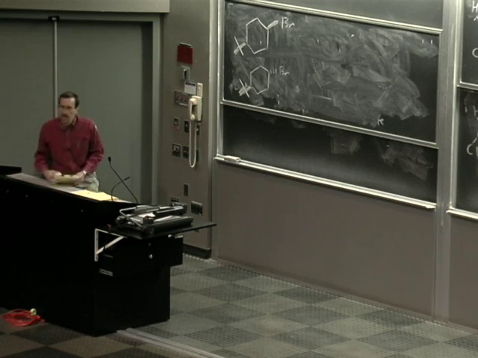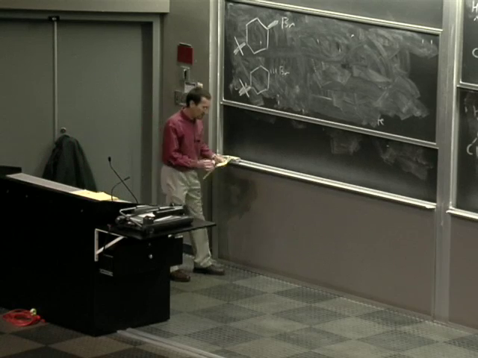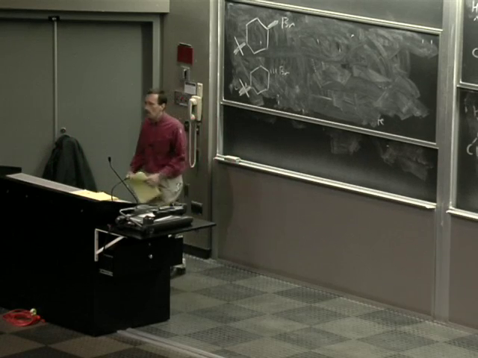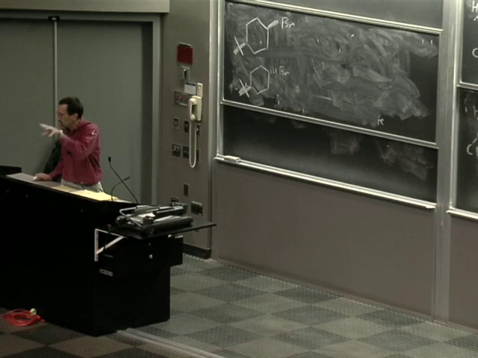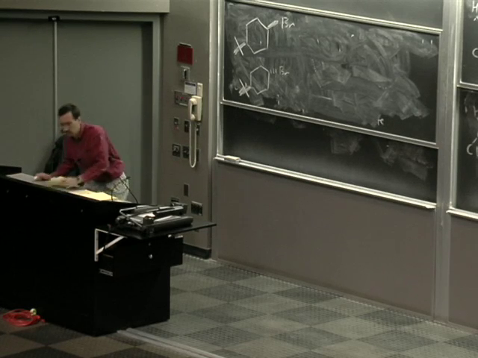opposite faces. Now remember, the tert-butyl group is very special. The reason that chemists use it in studying reactions is it really, really wants to exist in the equatorial position. So there's a real specialness to it.